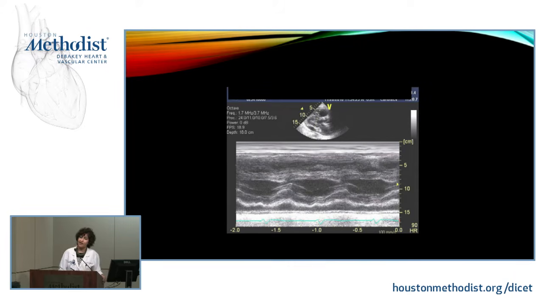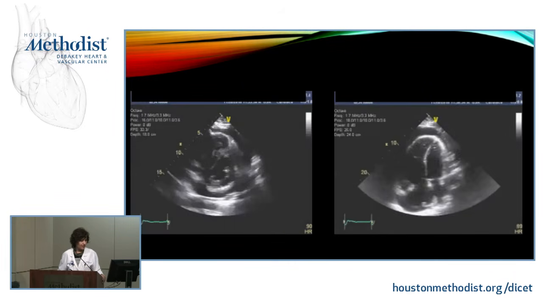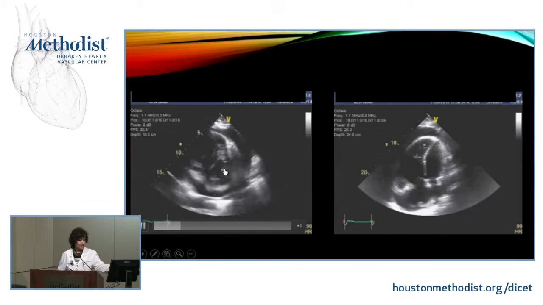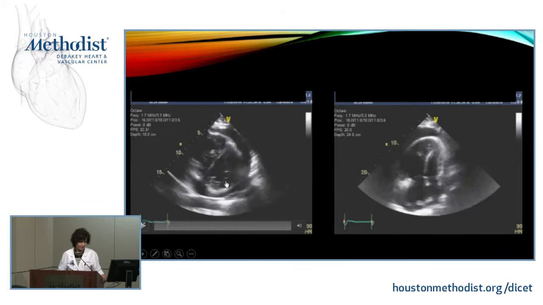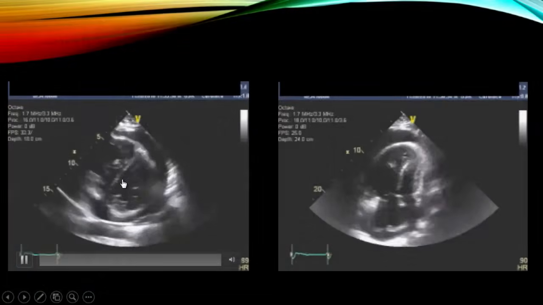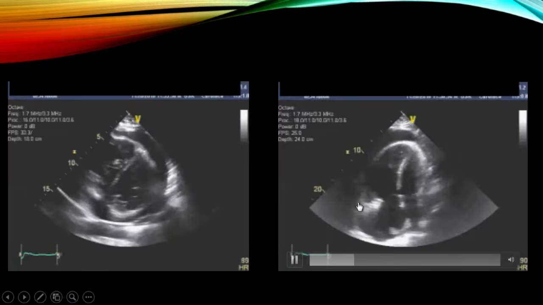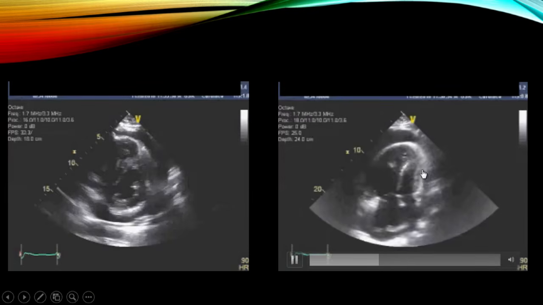Does this person have pulmonary hypertension? And sure enough, you have your D-shaped flattening of the septum. You have your huge RV here, which is hypokinetic. And again, here you can see the free LV wall coming in in diastole.